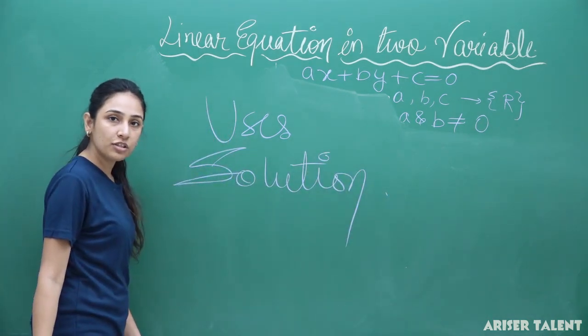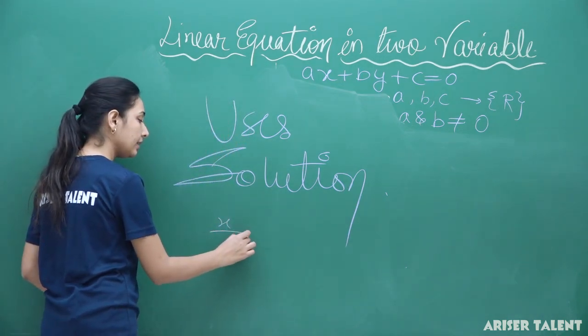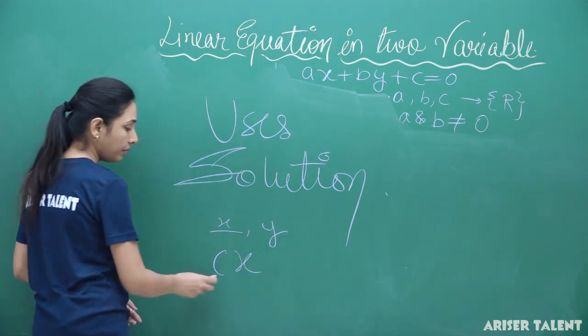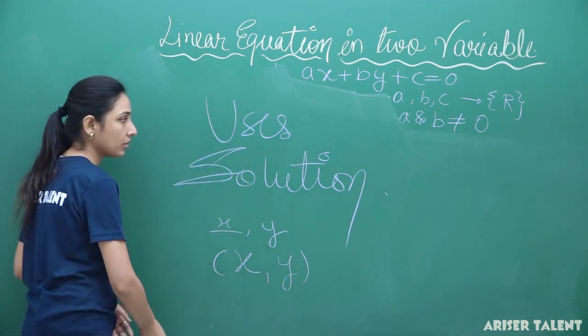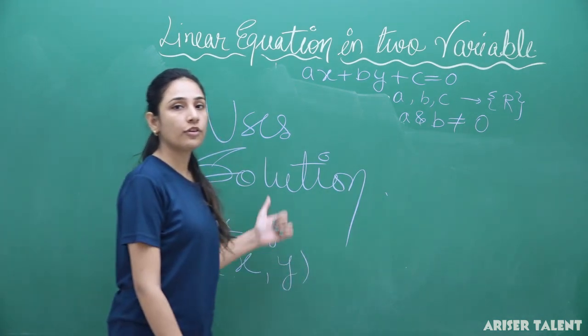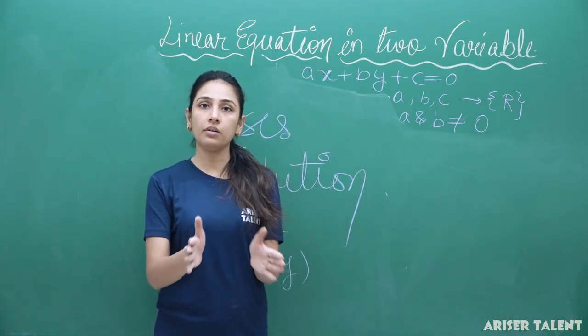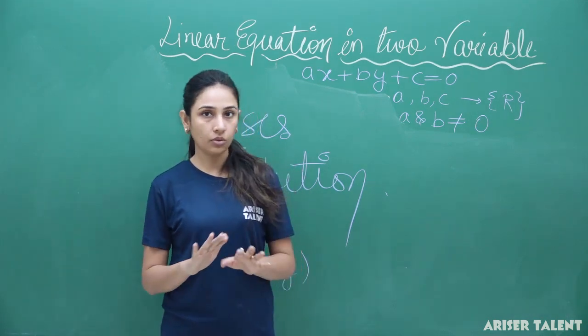Solution by which method, where we were putting the value of x and getting the value of y, and how to write the solution: bracket start, value of x comma y, bracket close. Okay, this was the very format we have talked about in today's session. So you are very clear about what we have studied today, no doubt.